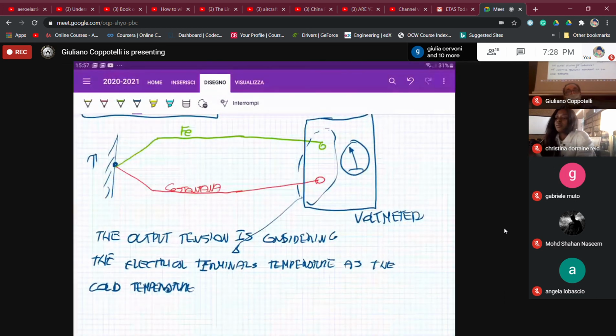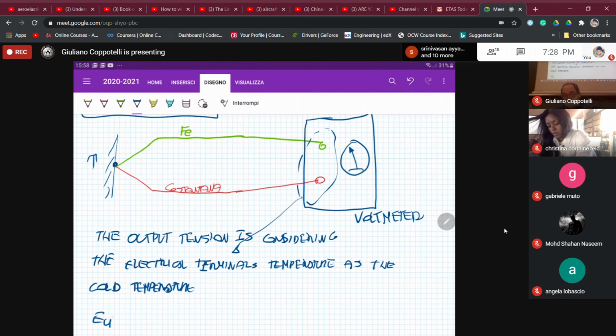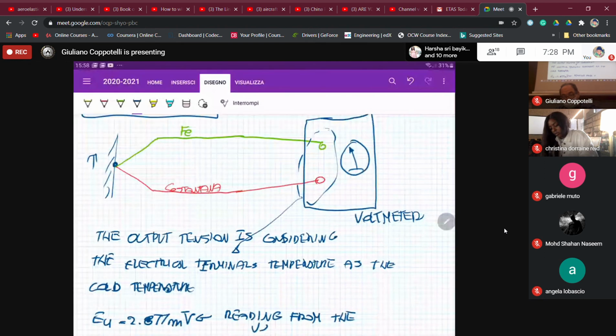So let's assume that the output that you read is equal to 2.877 millivolts. That is the reading from the voltmeter.